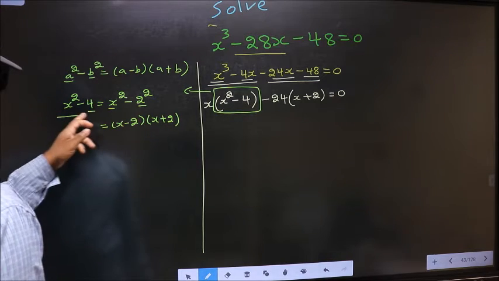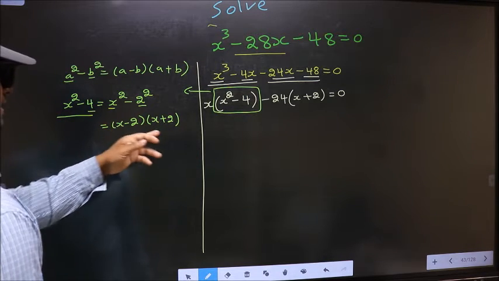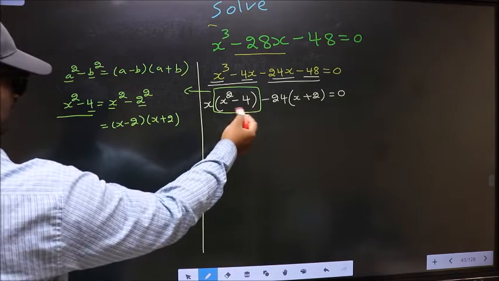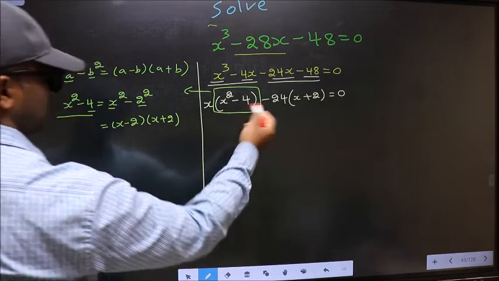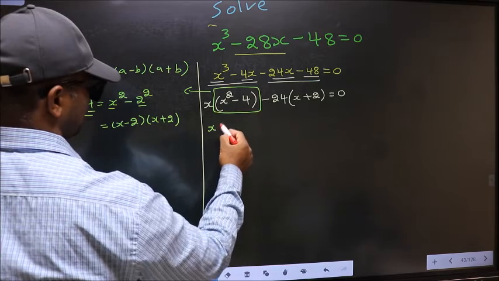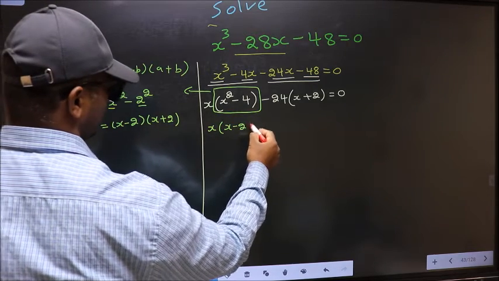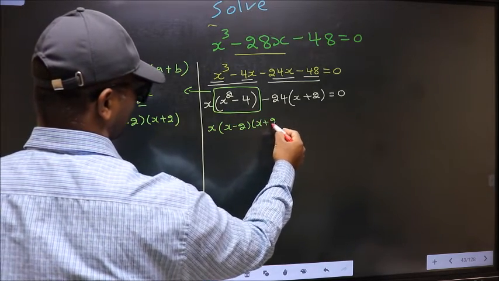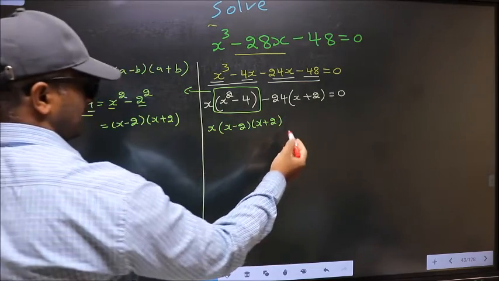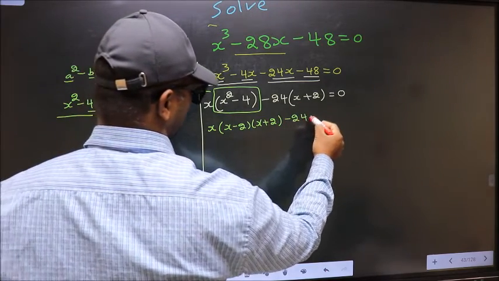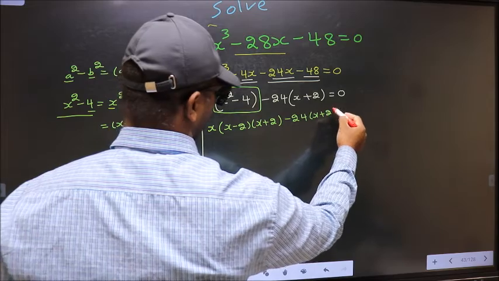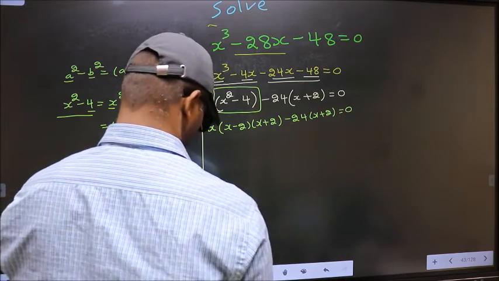Now in place of this quadratic we should write this over here. So this equation becomes x times x minus 2 x plus 2, this no change, equal to 0.